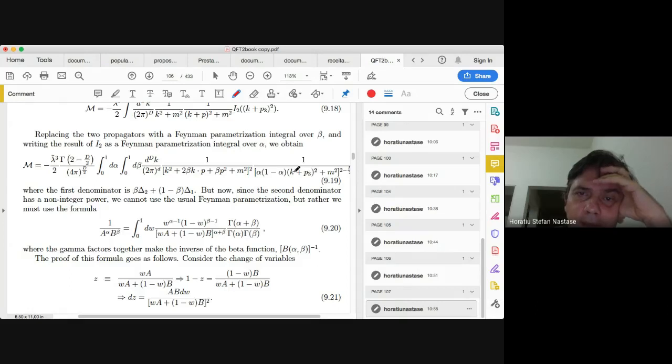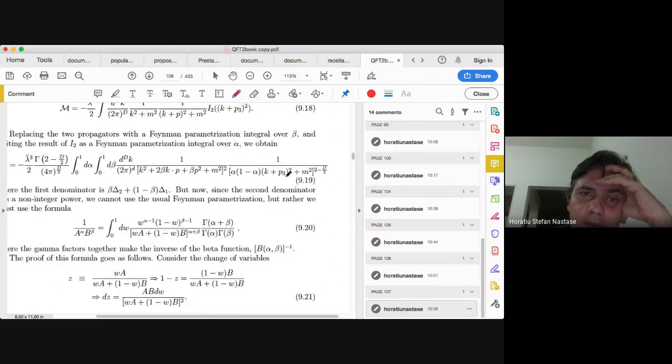But now the result of this integral is dimension dependent. This is at the power 2 minus d over 2, and d is not an integer now.